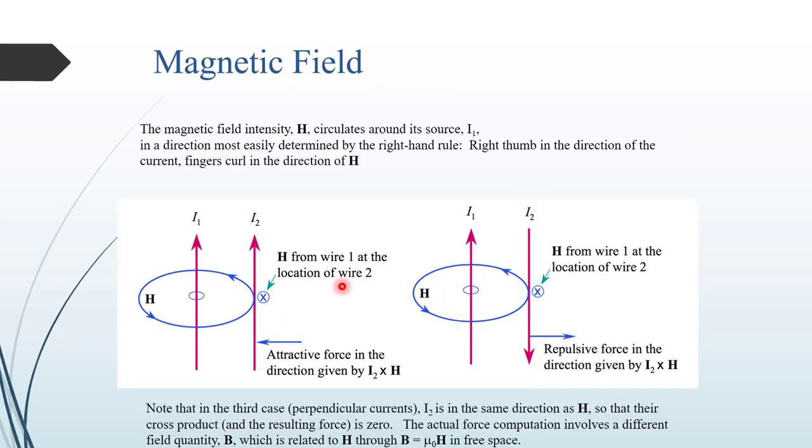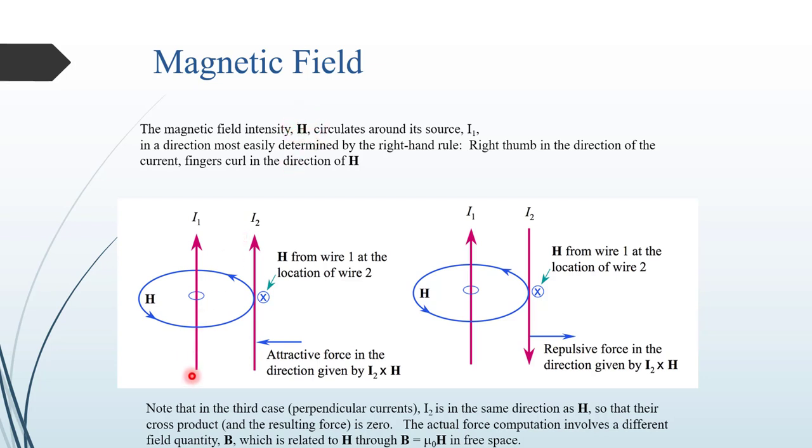Similar to electrostatics, where we have seen the electric field intensity denoted by E bar, in this case we are going to denote magnetic field intensity by H bar. What is that intensity?